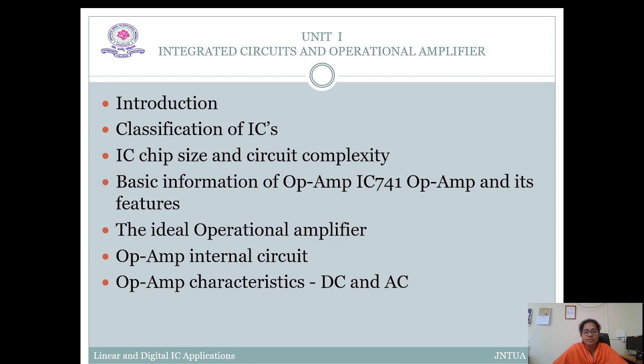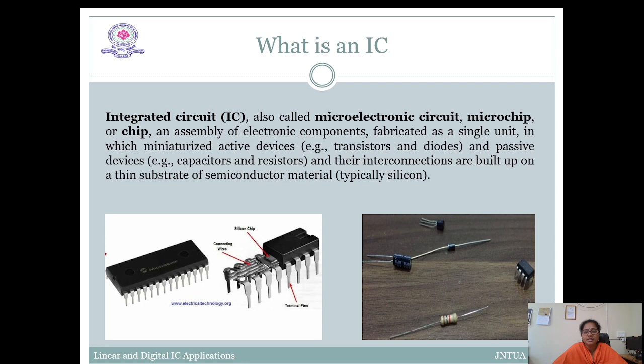So we should know the basic information of the op-amp 741 and its features, then the ideal operational amplifier and the practical operational amplifier. There should be a lot of difference between ideal and practical. Then the internal circuit of the operational amplifier, and the characteristics in terms of DC and AC.